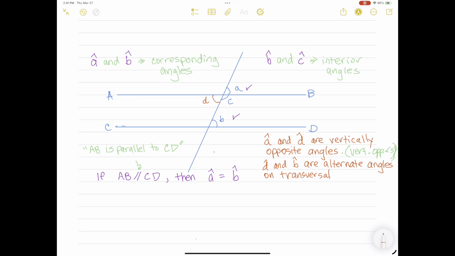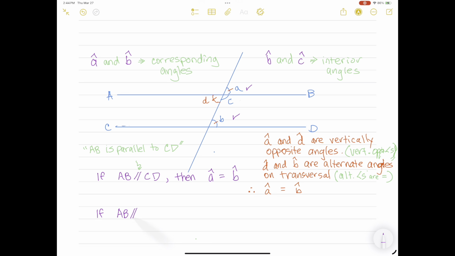And as we have just discussed, when a transversal cuts two parallel lines, the alternate angles are equal. So through logic, we can deduce that angle A equals angle D because vertically opposite angles are equal, and angle D equals angle B because alternate angles on a transversal are equal. Therefore, angle A equals angle B. The corresponding angles are equal.